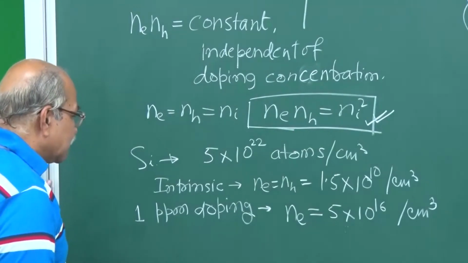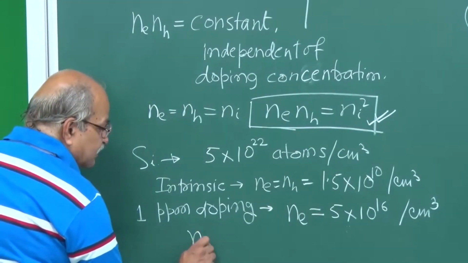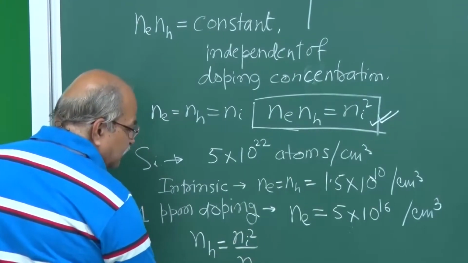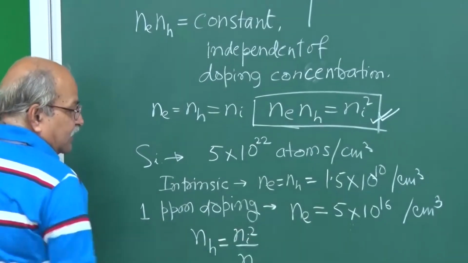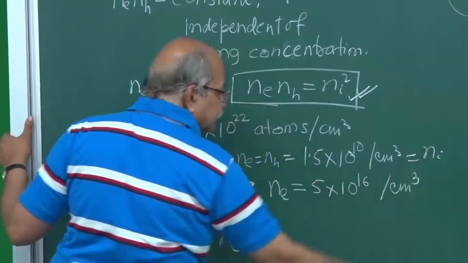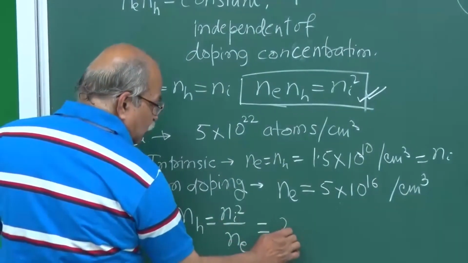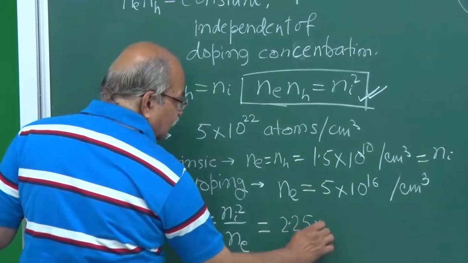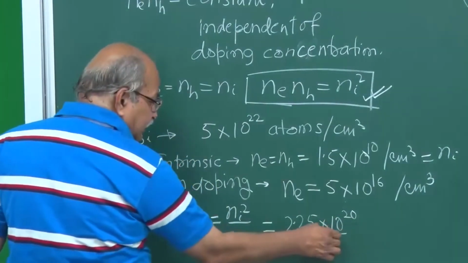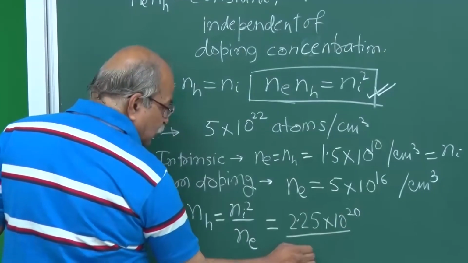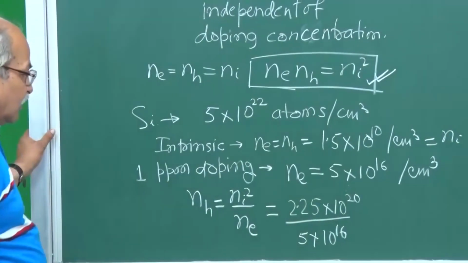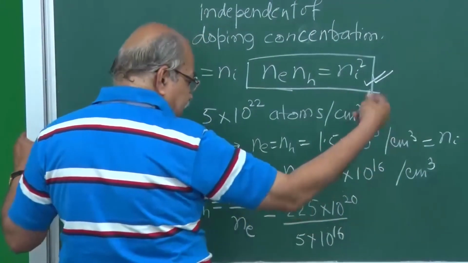So what is the number density NH, the number density of holes? That will be Ni square divided by Ne, because Ne into NH should remain Ni square. This is Ni square, 2.25 into 10 to the power 20, divided by Ne, which is 5 into 10 to the power 16, and of course per centimeter cube.